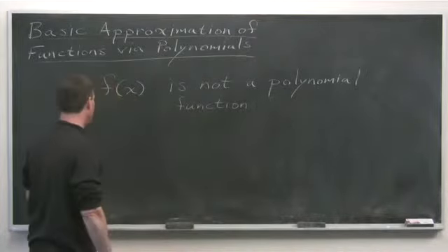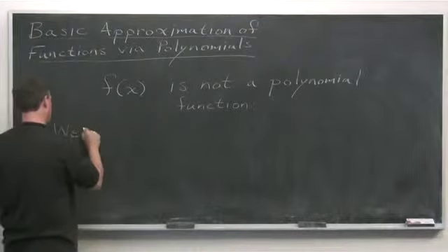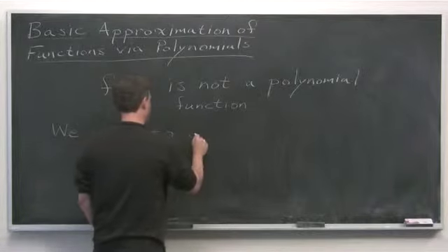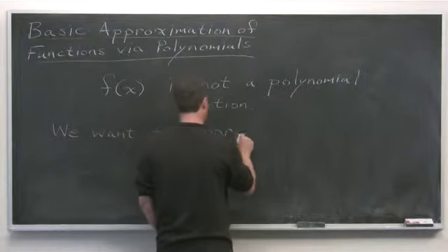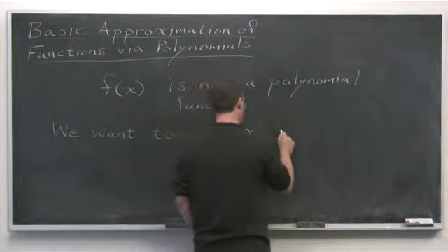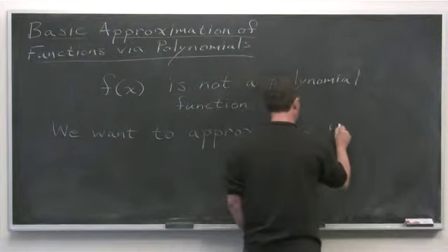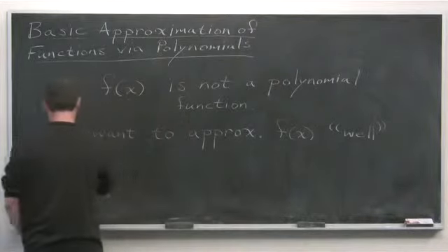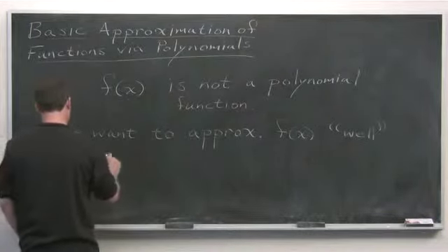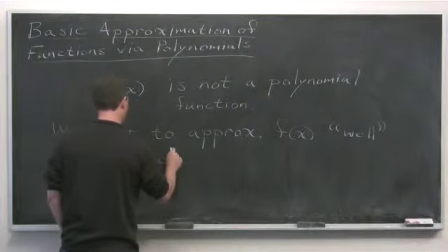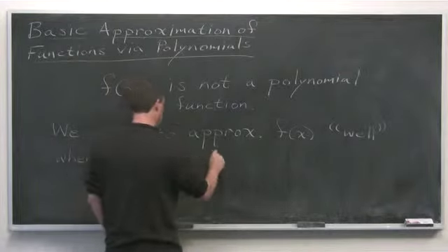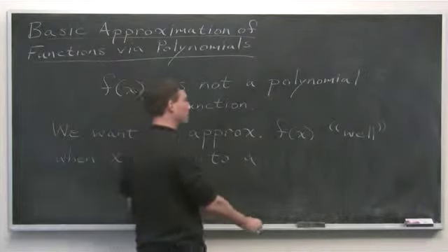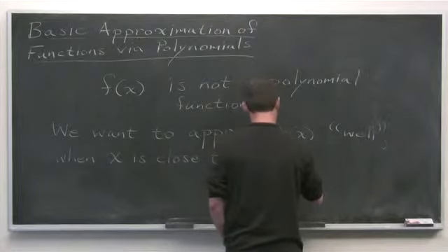All right, but what we'd like to do, we want to approximate f of x well when x is close to some number, which we'll again call a. We want to approximate f of x well when x is close to a using a polynomial, which will be centered at a.